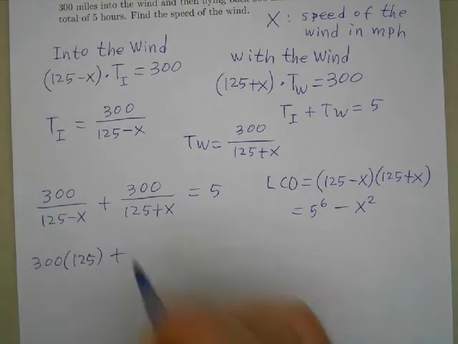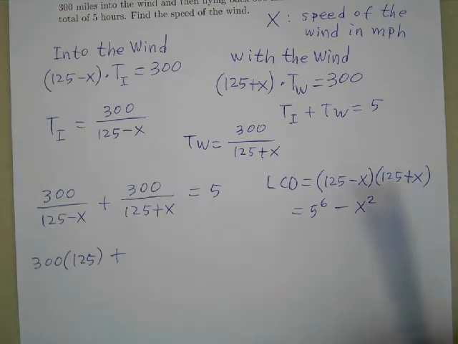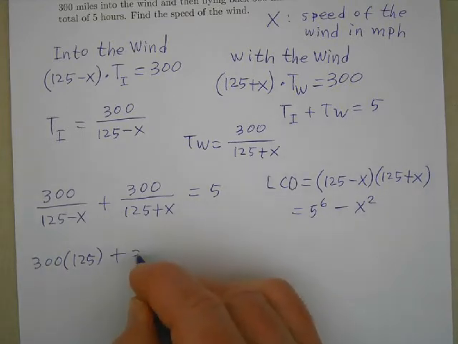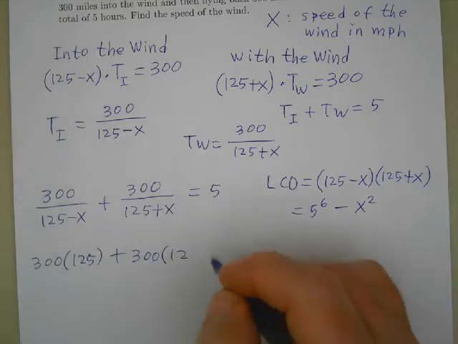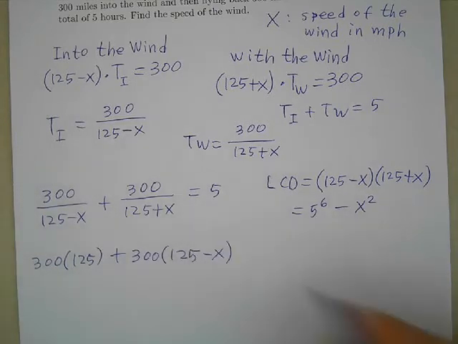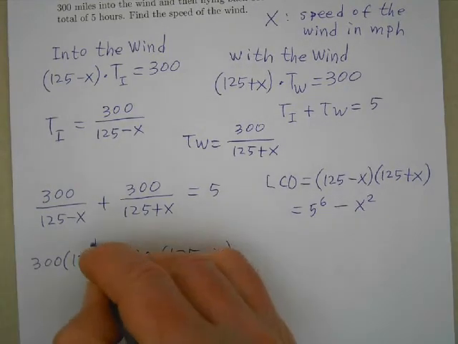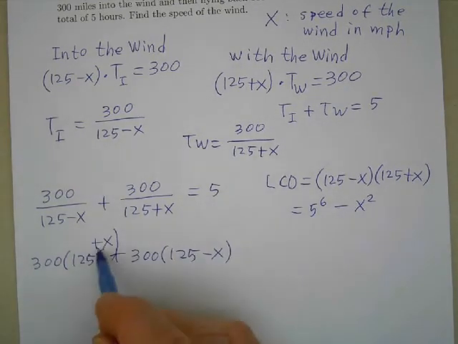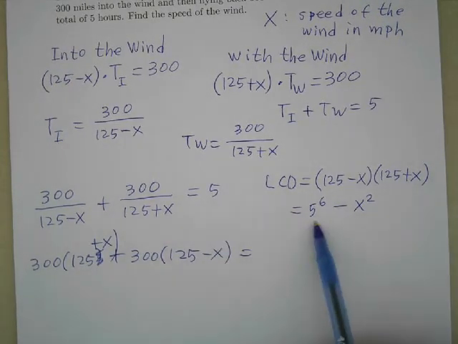And then when we multiply the least common denominator by 300 over 125 plus x, the 125 plus x factors cancel, and we'll be left with plus 300 times 125 minus x. Okay, so over here I should have plus x.